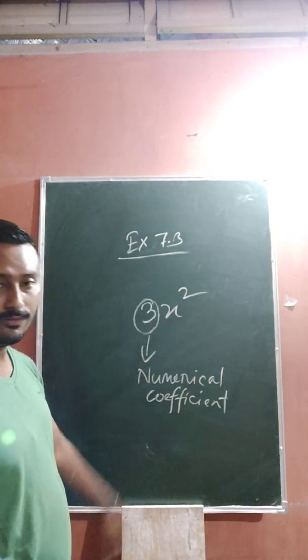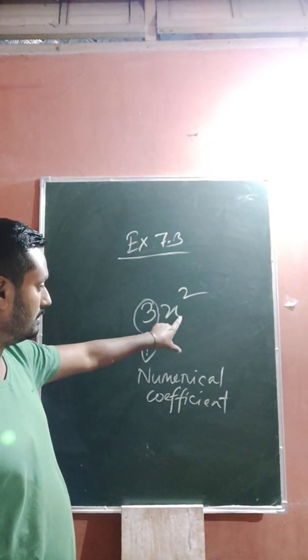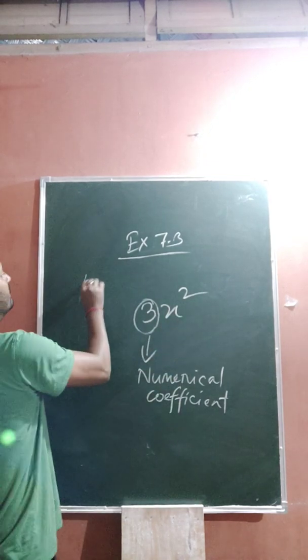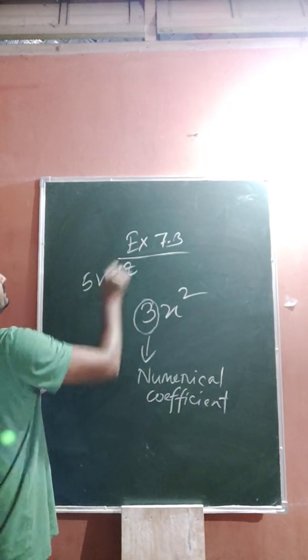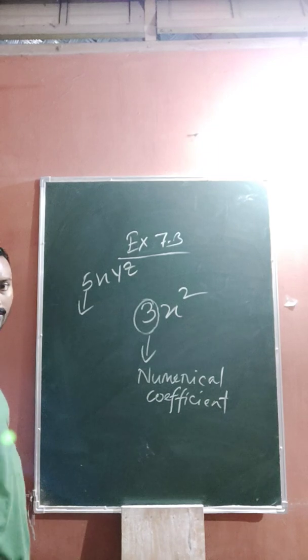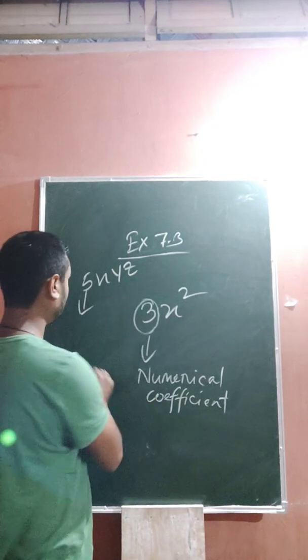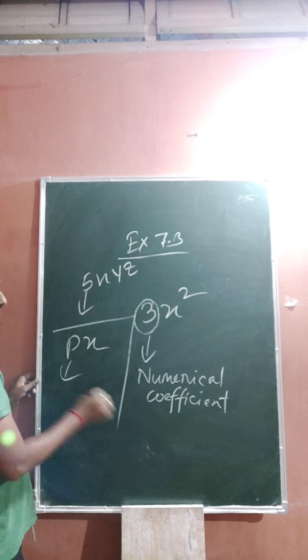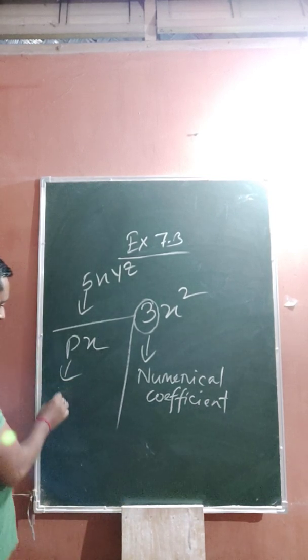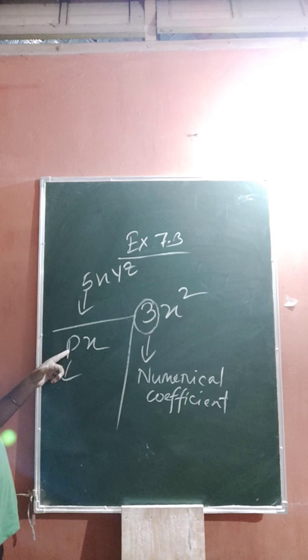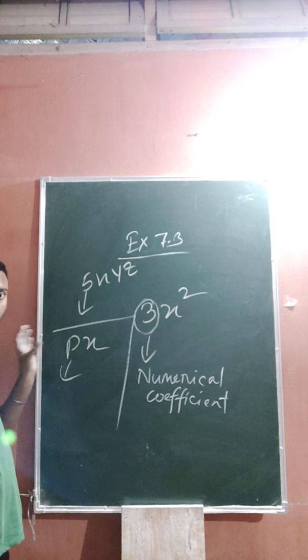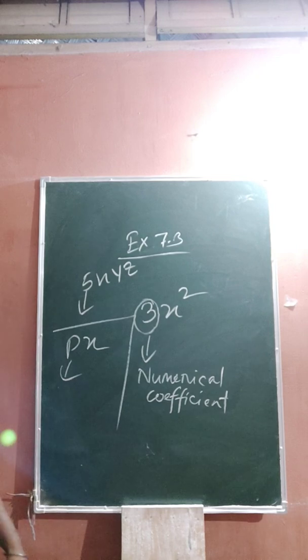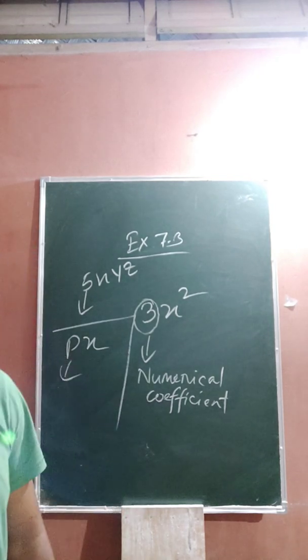Anything in front of or with a variable. Suppose 5xyz. In this case, the numerical coefficient is 5. Again, suppose px, then this one will be the alphabetical coefficient because this is not a number, and again, this is with a variable. That means this is a coefficient, but it will be an alphabetical coefficient.